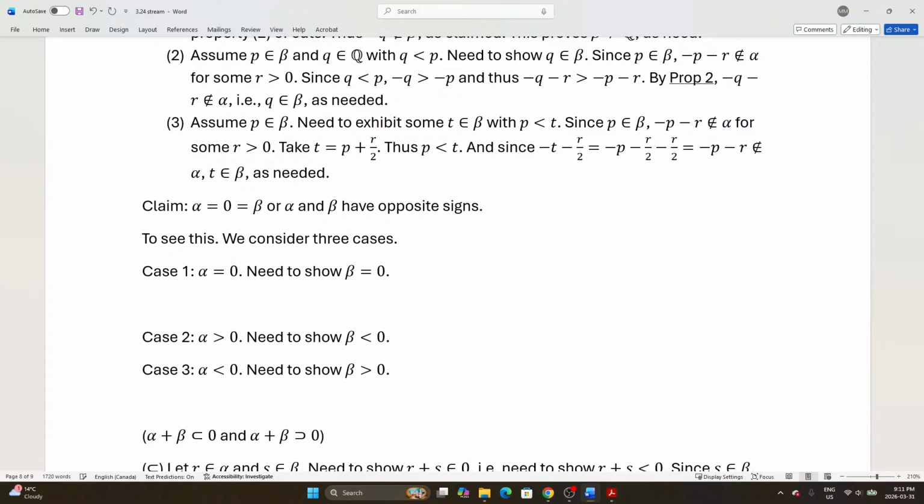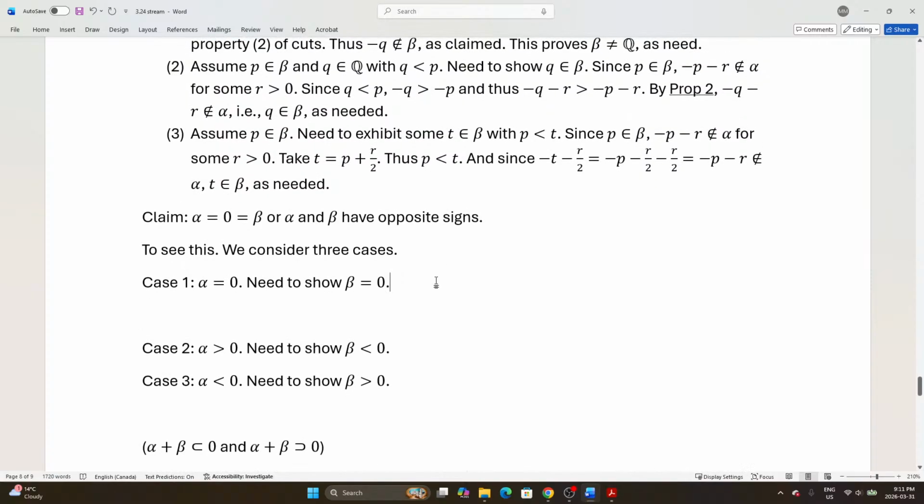This should be easy. Alpha is 0, need to show beta is 0 as well. So if alpha is 0, then beta is equal to 0, we need to show a double containment.